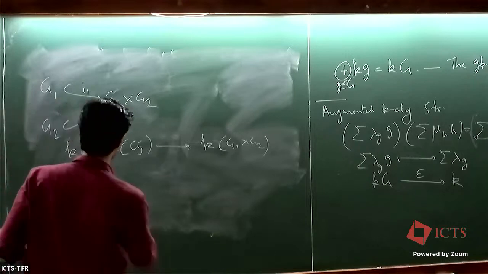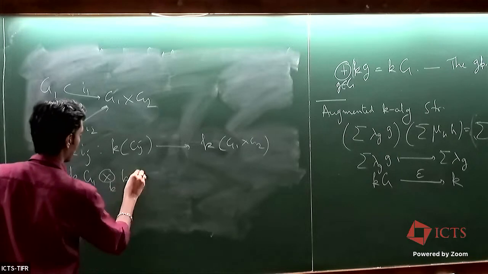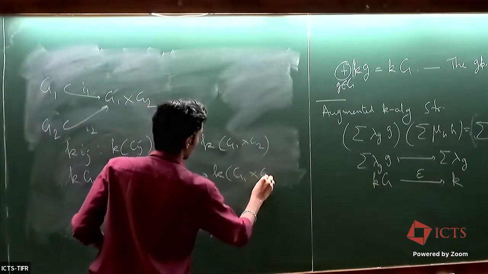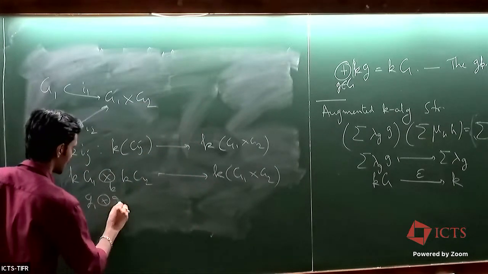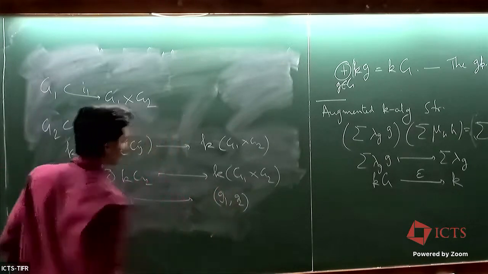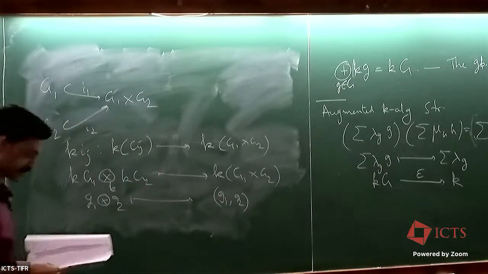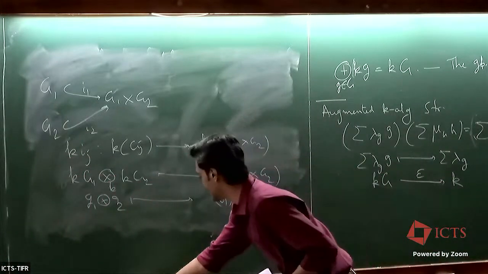Therefore, this extends to a K-algebra homomorphism from KG1 tensoring over K with KG2 to K[G1 cross G2]. And this one sends g1 tensor g2 to (g1, g2). And therefore, it sends a basis of the left hand side to a basis of the right hand side bijectively, and thus gives an isomorphism.